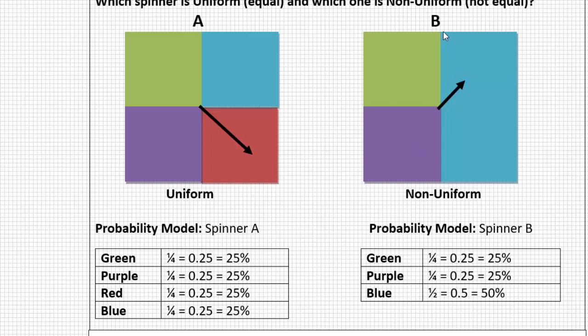Well, I put 1/2, because it looks like it's split down the middle and takes up half of that spinner, which is 0.5, which is equal to 50%. Here we see the probability as being 25%, 25%, and 50%. They don't all match. They're not all equal. So that is what makes spinner B non-uniform. Each of the 3 outcomes does not have an equal chance. So this is a non-uniform probability model.